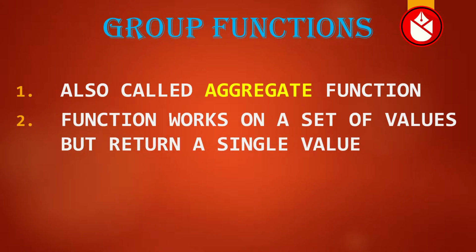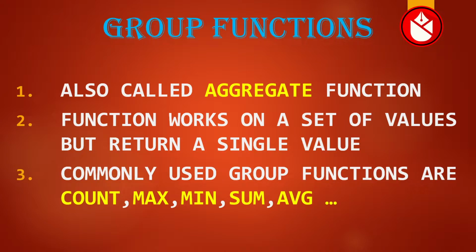A group function works on a set of values but returns a single value, and the commonly used group functions are count, max, min, sum, avg, etc. As discussed earlier, a single row function works on each row or record in a table and returns one record as the processed data.